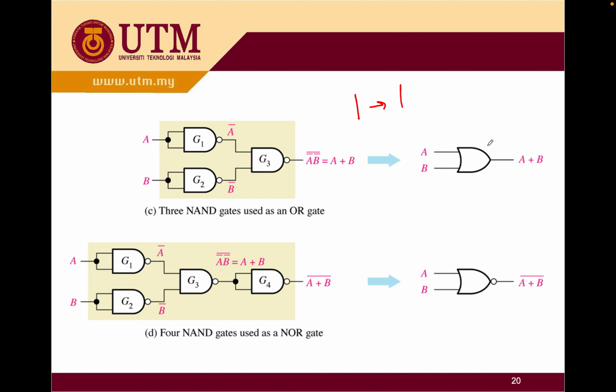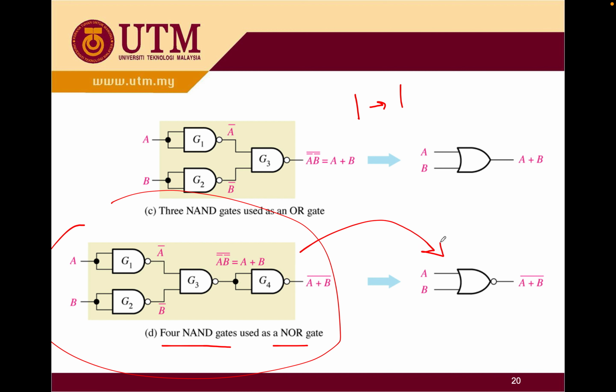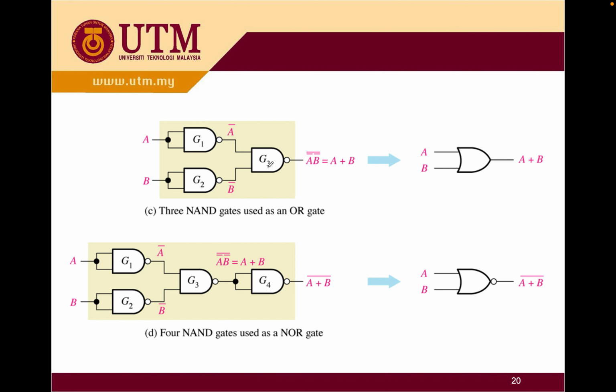And lastly, if you have four NAND gates in this combination, or if it is different from these constructions, then it cannot be similar to your NOR gate. So please make sure you remember this representation, okay?